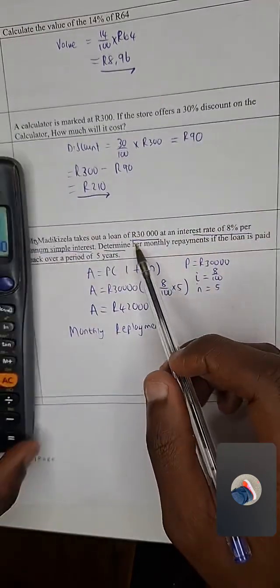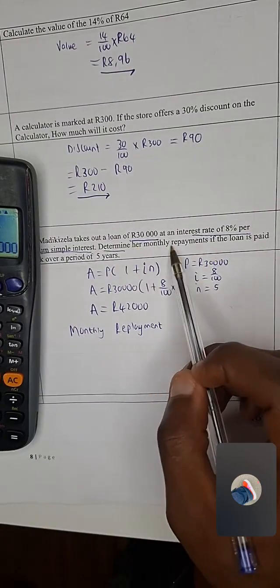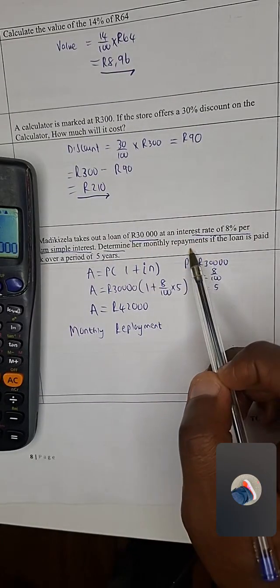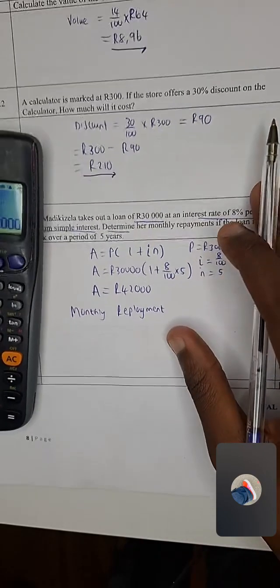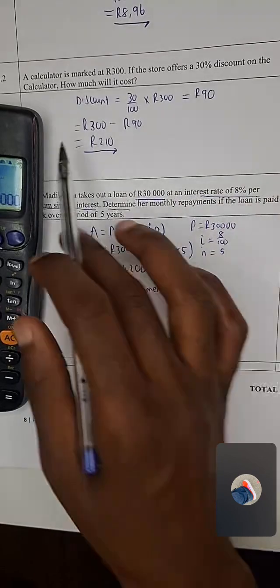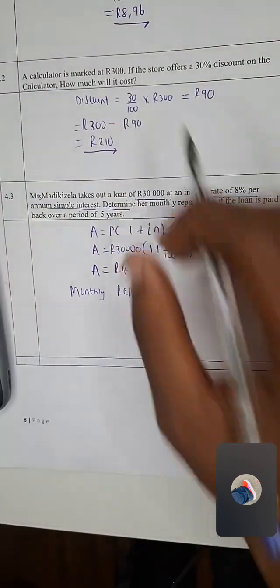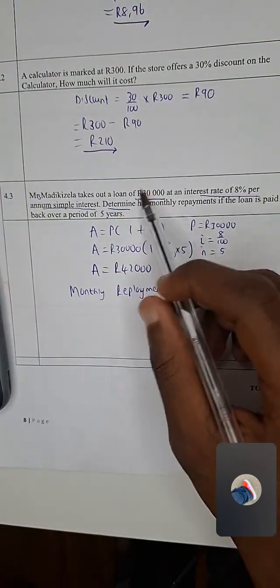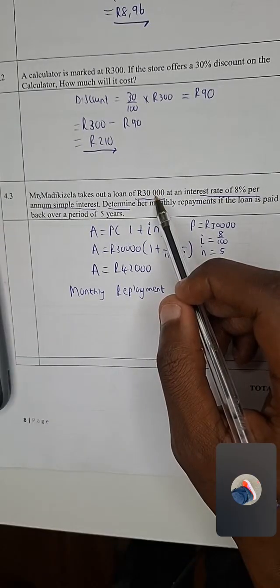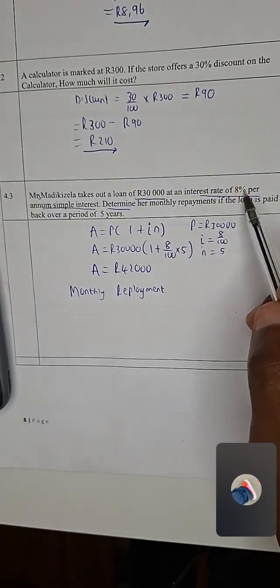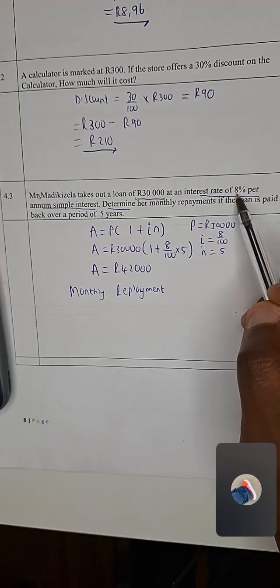Okay, so once again, the question is saying determine her monthly repayments. Do you understand what monthly repayment means? Remember, if you take out a loan, which in this case is 30,000, there's a certain interest that is being charged for you taking out that amount.